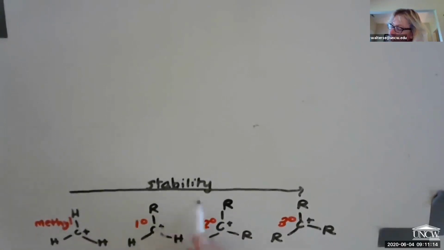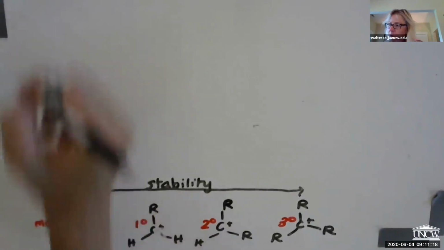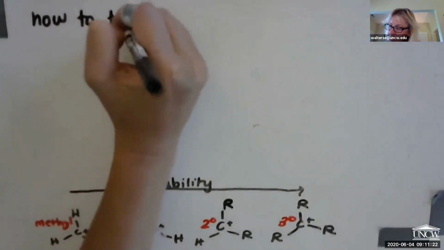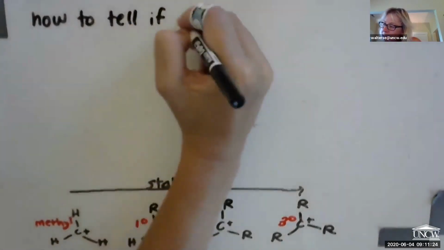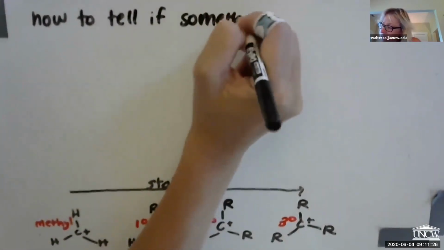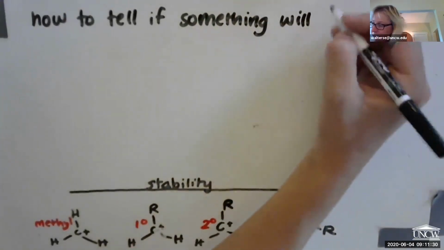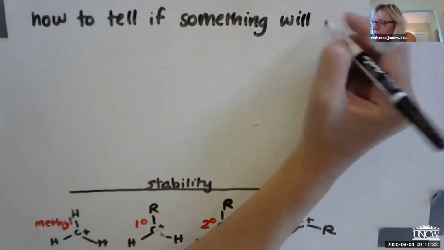In terms of how to tell if something will form, we'll spend a little more time on these energy level diagrams when we review the first part of 6 today.